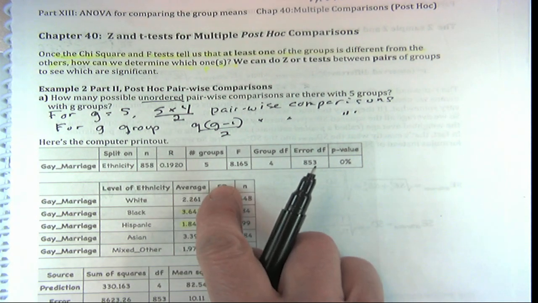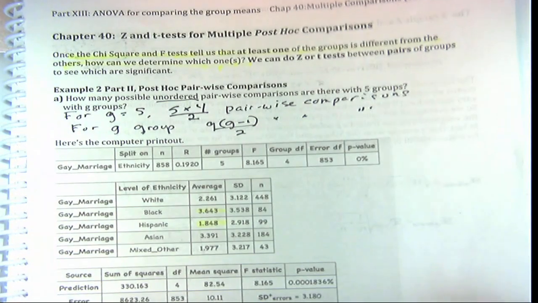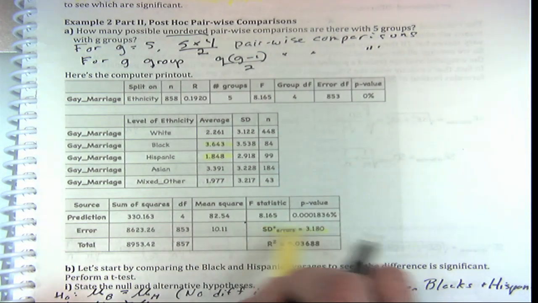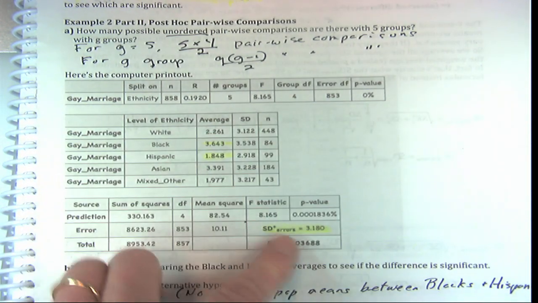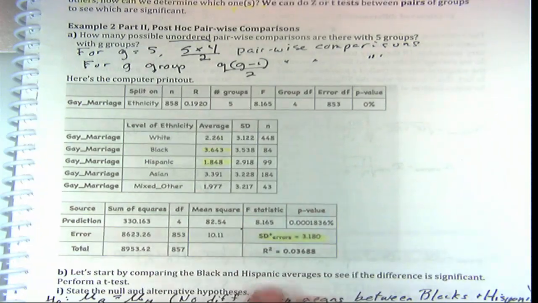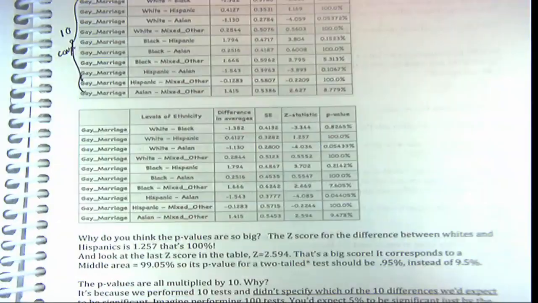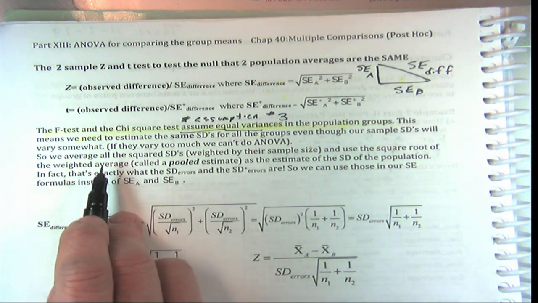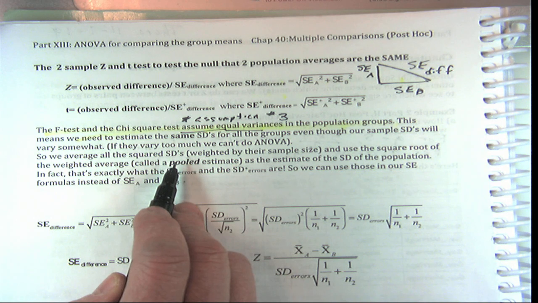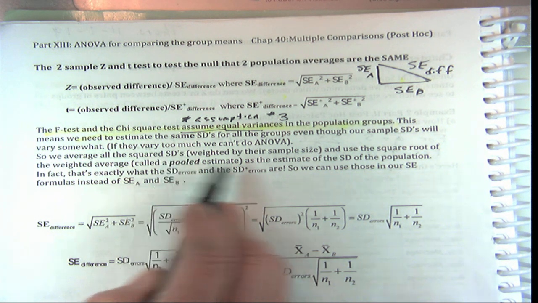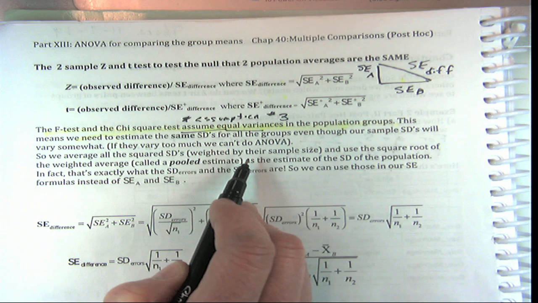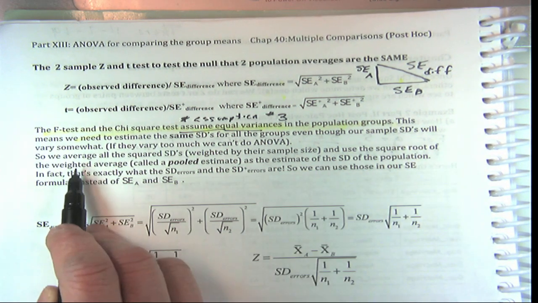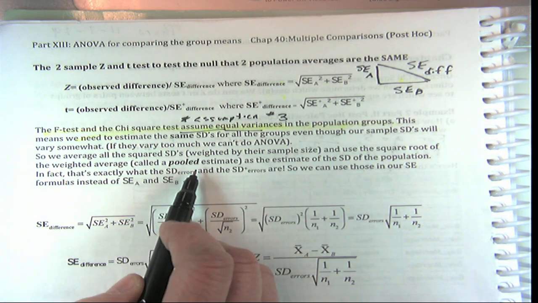So we're actually going to use this right here as an estimate, as a pooled standard deviation for all these. So let's read about that. We average all the squared standard deviations. We do a weighted average by their sample size. And we take the square root of the weighted average, and that's called a pooled estimate.